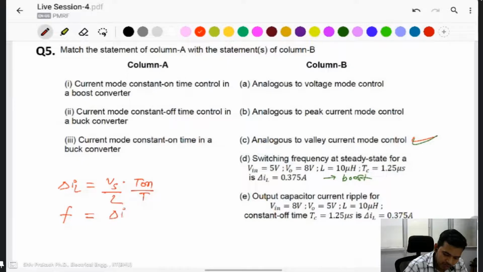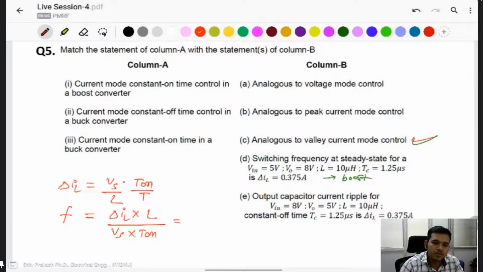Frequency is delta IL times T on, and find the frequency.